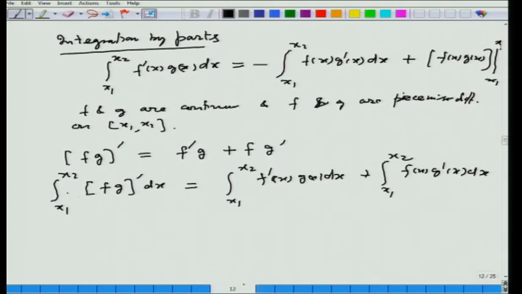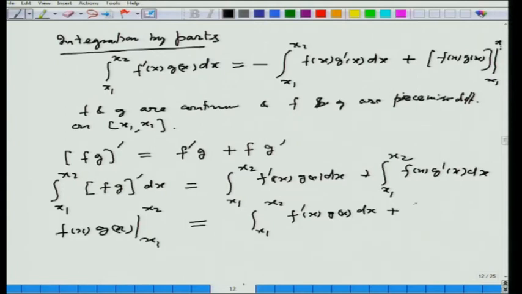Now this is the integration of the differentiation of this term, so this will cancel and give you the values at the end points. So this side will be f x g x evaluated at x1 to x2.